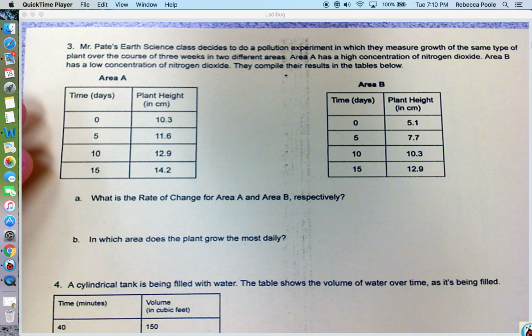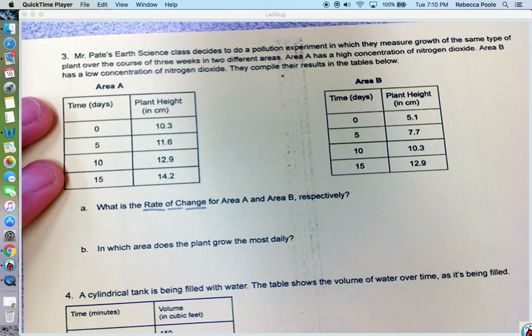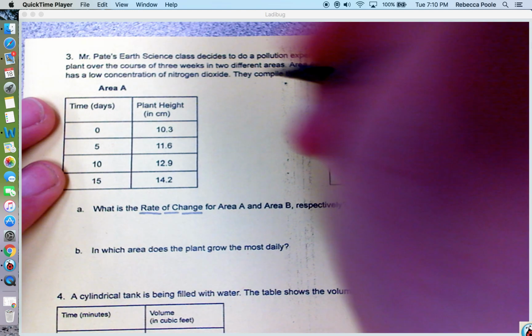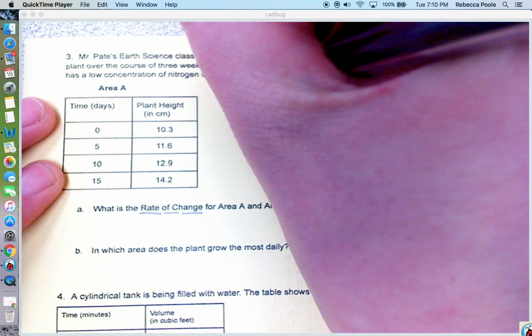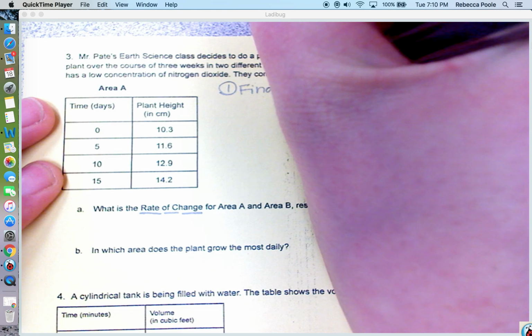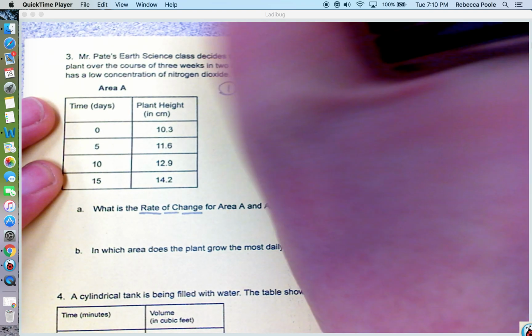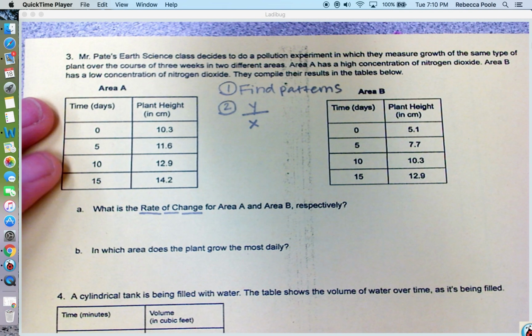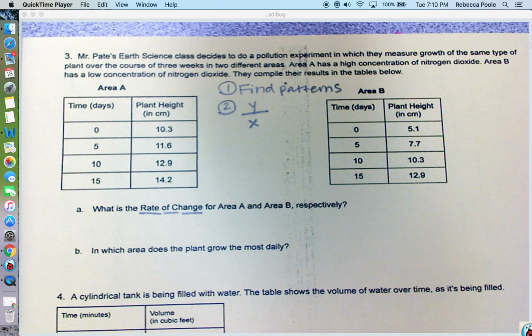So for area A, I want to find the rate of change from a table. Hopefully your teacher taught you to, 1, find the patterns, and then 2, do y over x, change in y over change in x. So that's exactly what we're going to do.